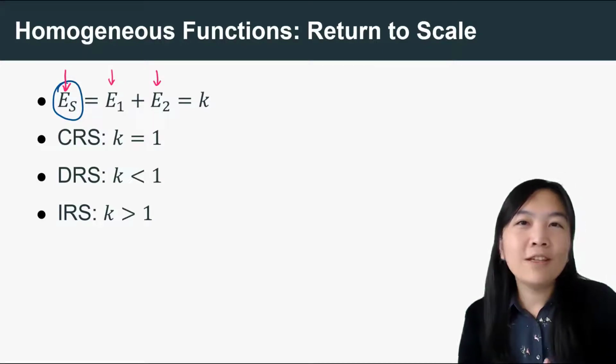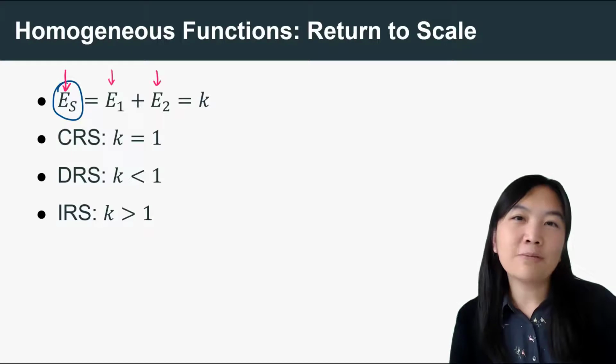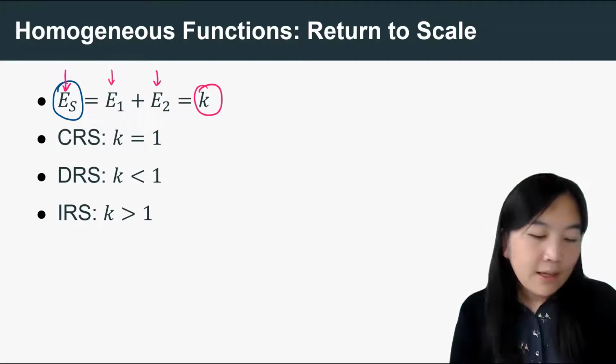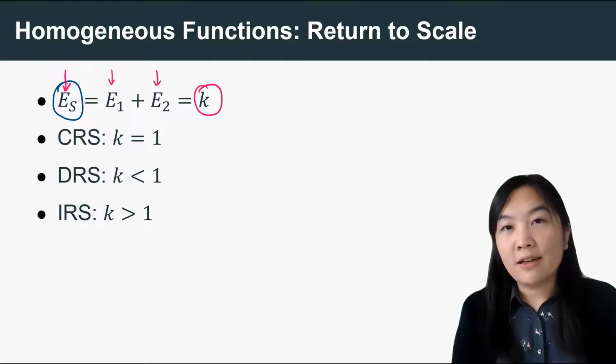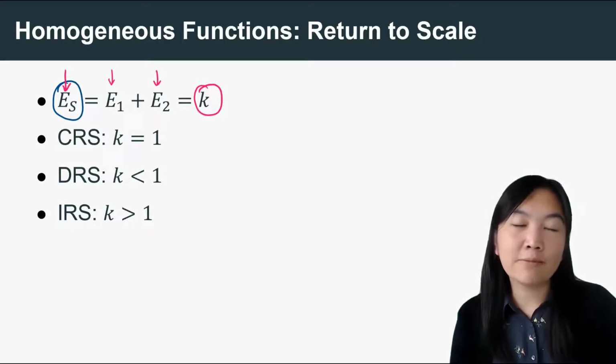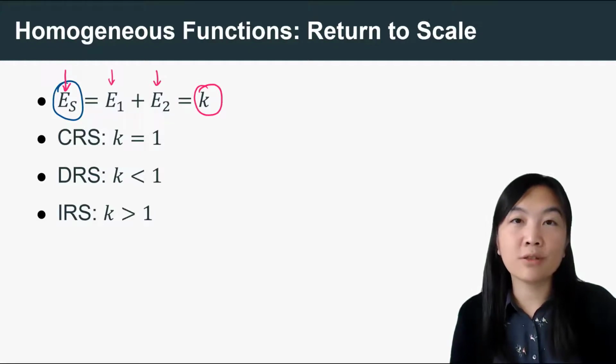If you have a homogeneous function, then your life is much easier, because the elasticity of scale will just equal k. That's a really nice property. Remember in the nitrogen and potash example, I asked you to calculate E1 and E2, and you had to go through several steps.